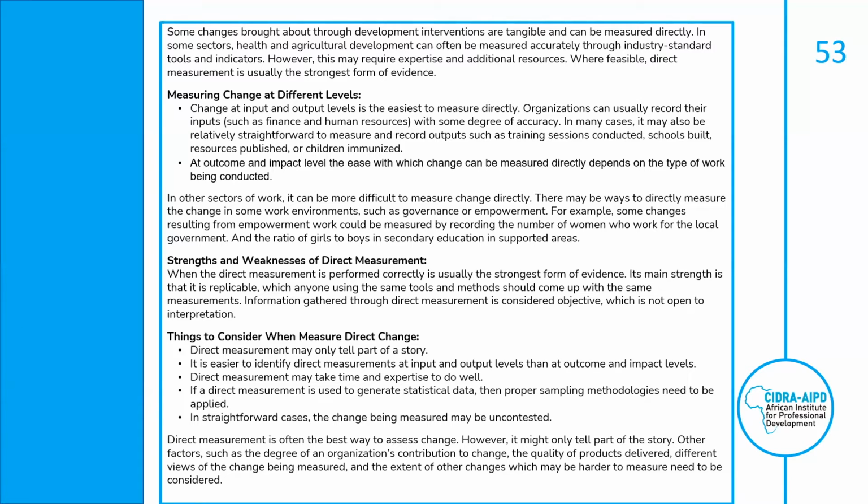There may be ways to directly measure the change in some work environments, such as governance or empowerment. For example, some change resulting from empowerment work could be measured by recording the number of women who work for the local government and the ratio of girls to boys in secondary education in supported areas.